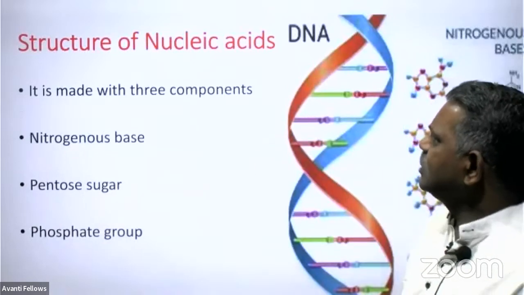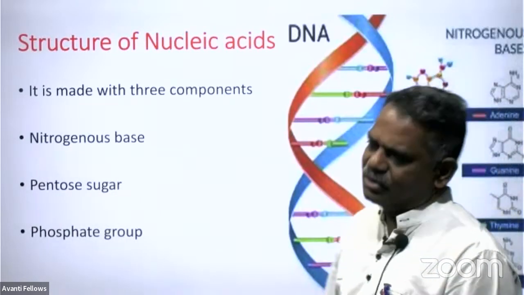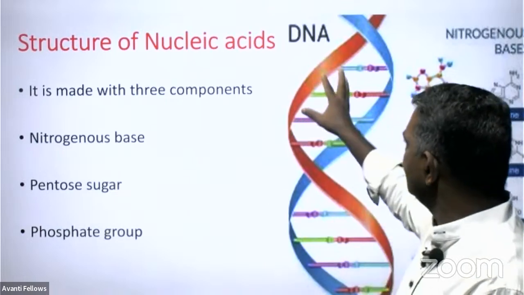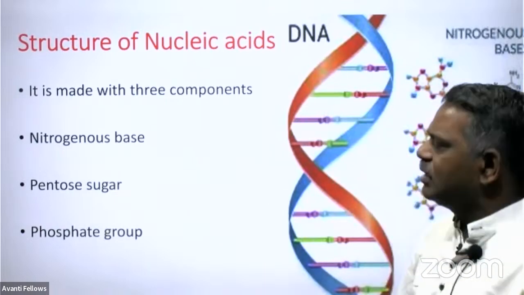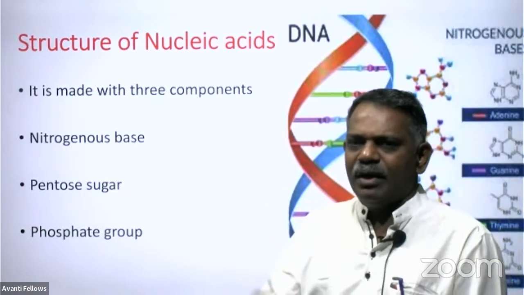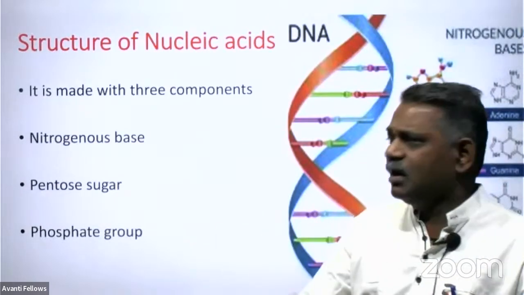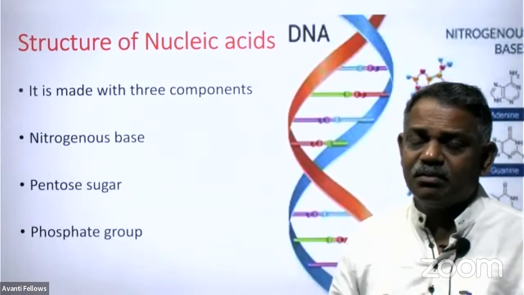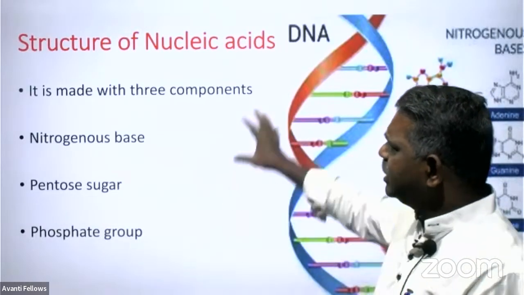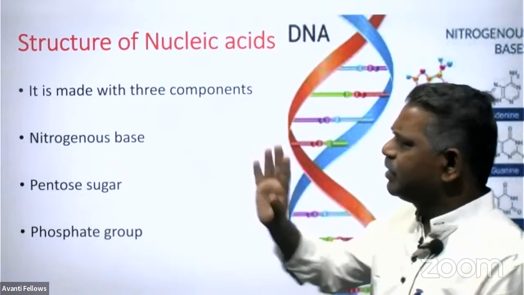Then this is the structure of nucleic acids. Now we are discussing both DNA and RNA together, and while discussing, we will find out the differences in their structure as well as the arrangement of these molecules. Both RNA and DNA are made up of three components.